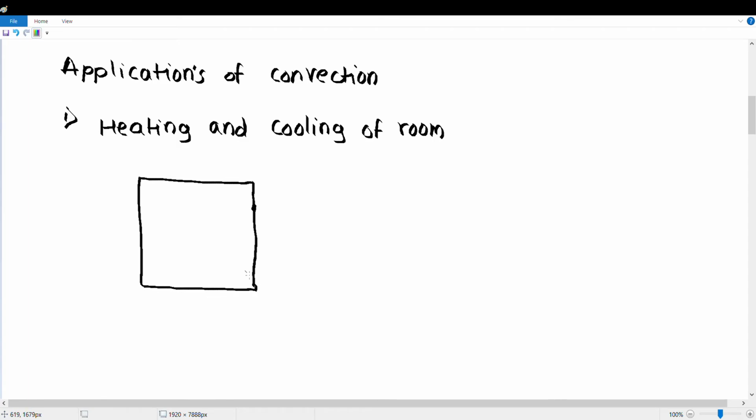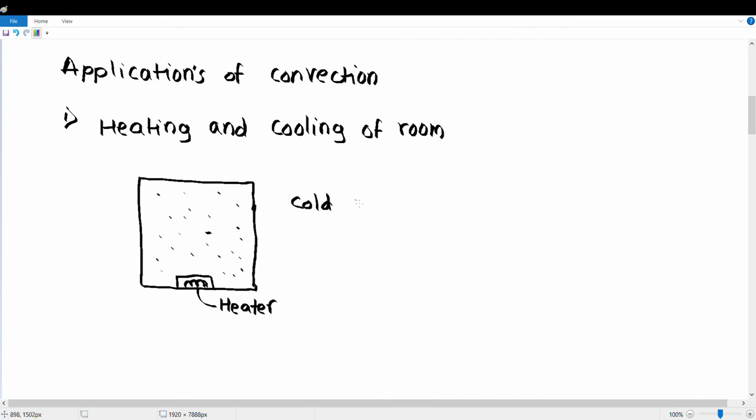So, in winter we require to heat the rooms, and for that we have a heater. Suppose this is the heater which is present in a room. This is the room. Initially, before switching on this heater, the air in this room is cold.